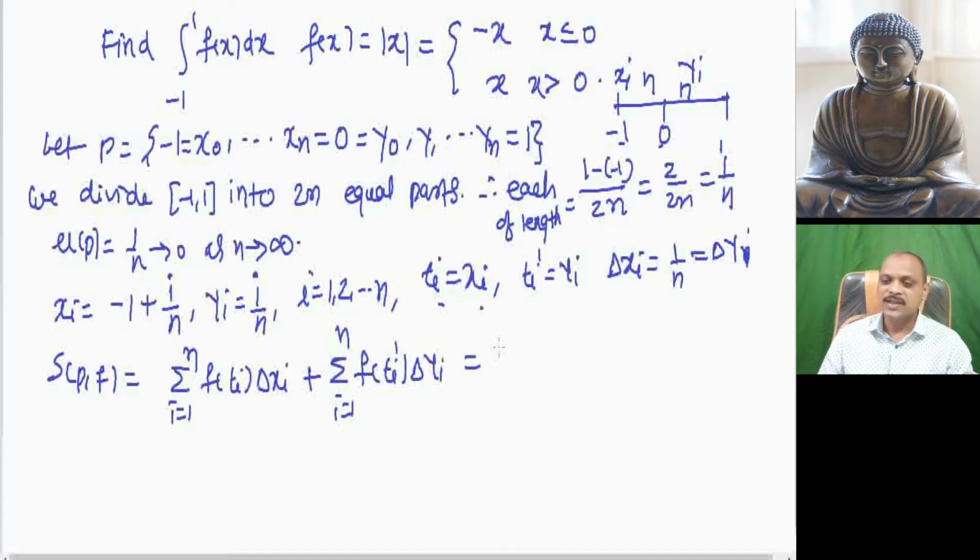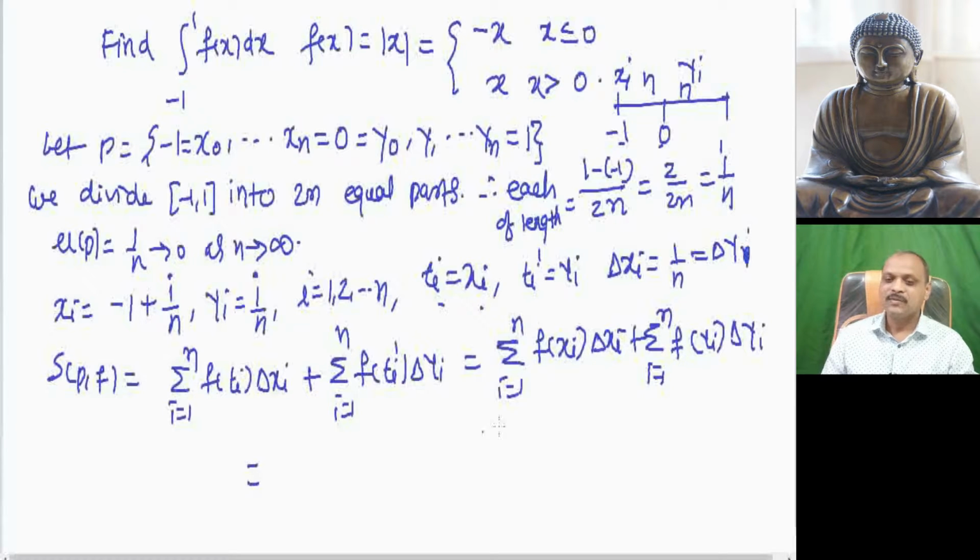But here you can see that ti is equal to xi, and ti dash is yi. So f of xi, for -1 to 0, x less than 0, is minus xi.